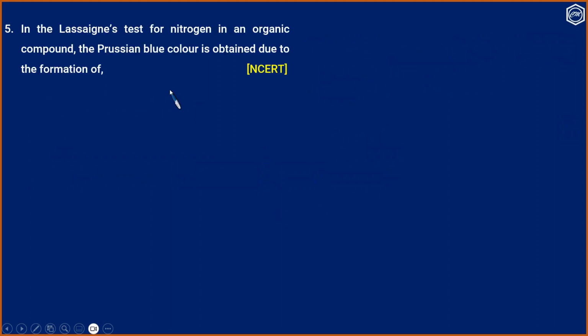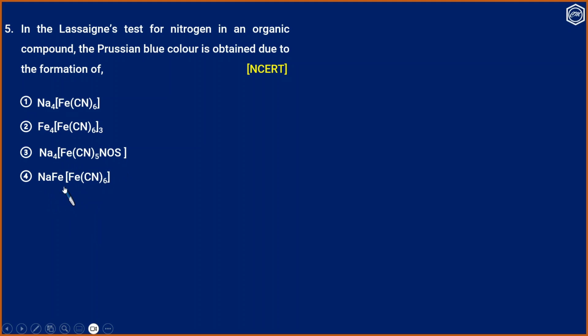Fifth question. In Lassaigne's test for nitrogen in an organic compound, the Prussian blue color is obtained due to the formation of: option 1, Na4Fe(CN)6; option 2, Fe4[Fe(CN)6]3; option 3, Na4Fe(CN)5NOS; option 4, NaFe[Fe(CN)6].